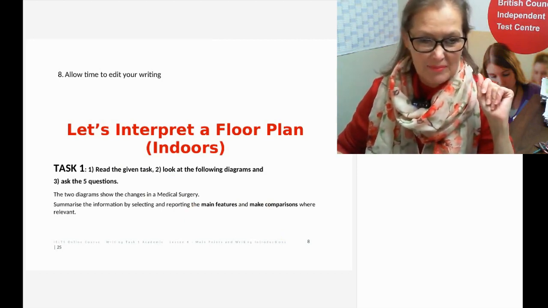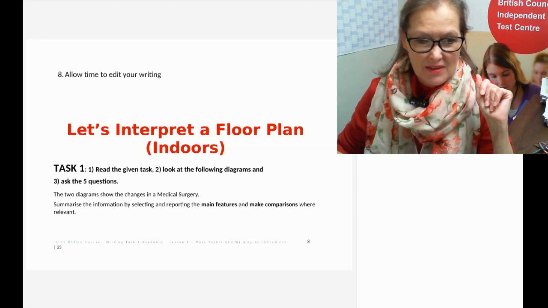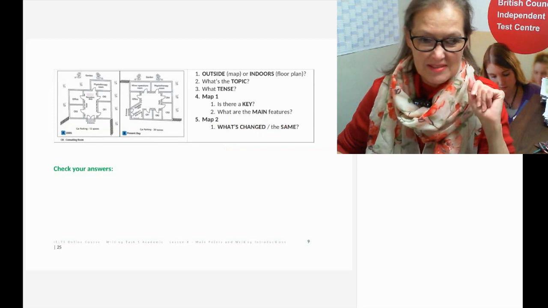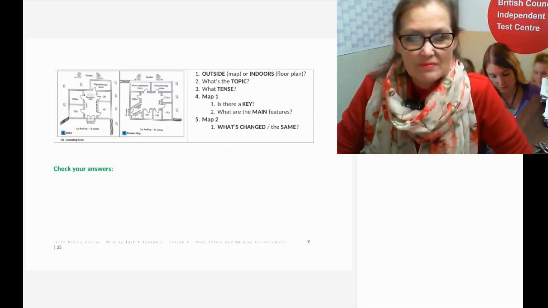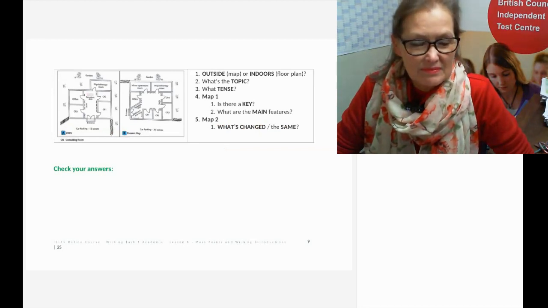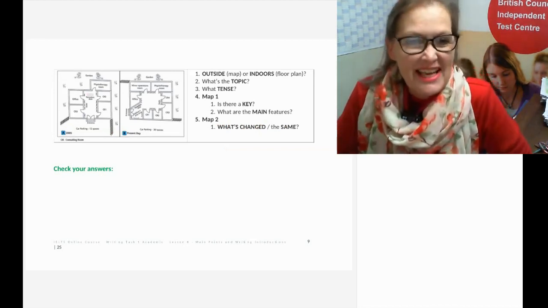Let's look at the diagram. So look at the diagram and ask the 5 questions. I'll give you a few minutes to study that.